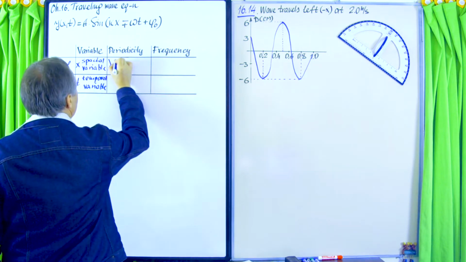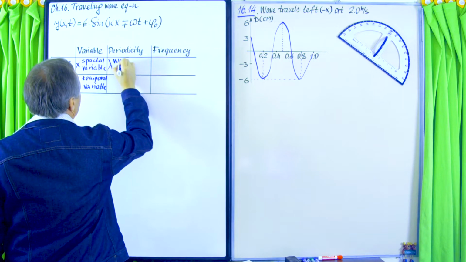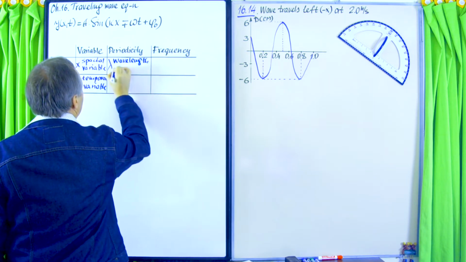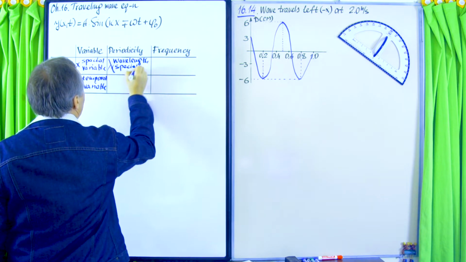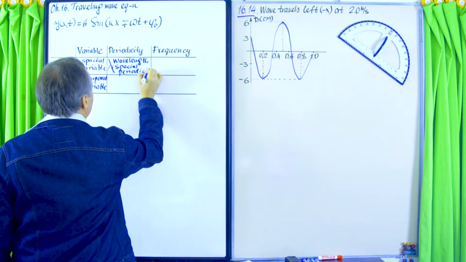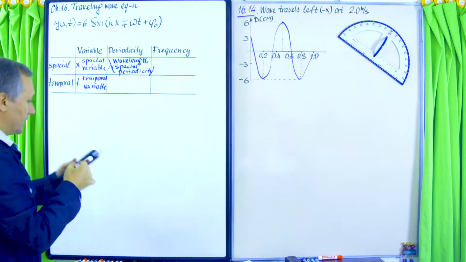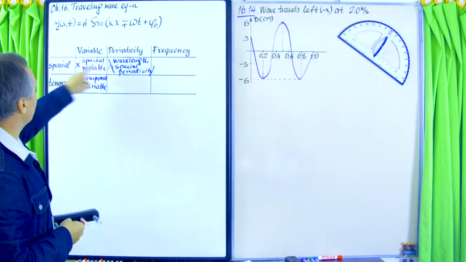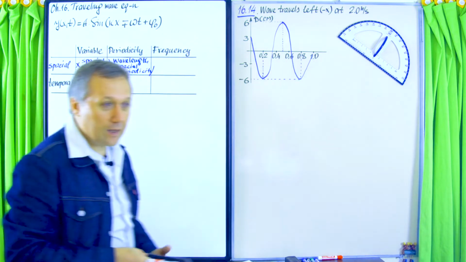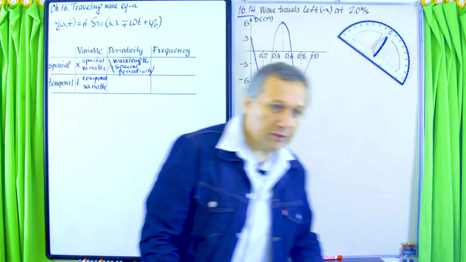First I will write its name, wavelength, and then the meaning is spatial periodicity.